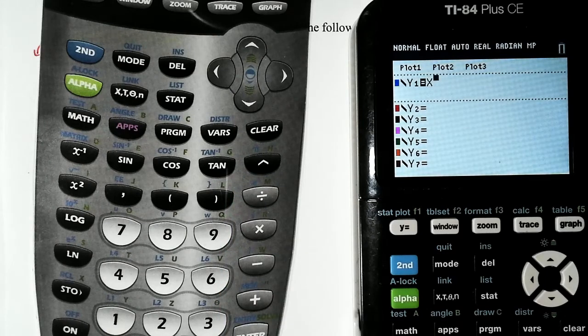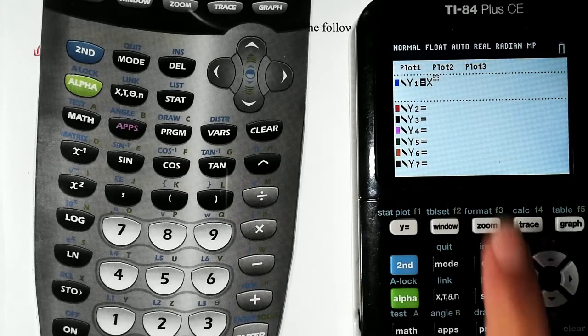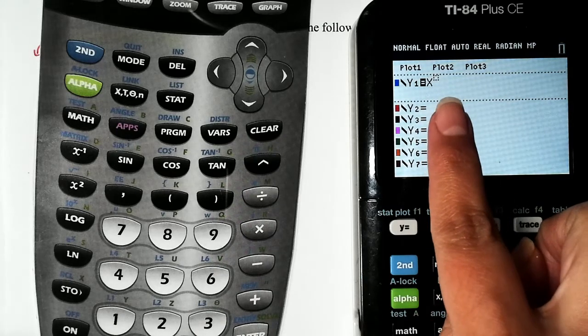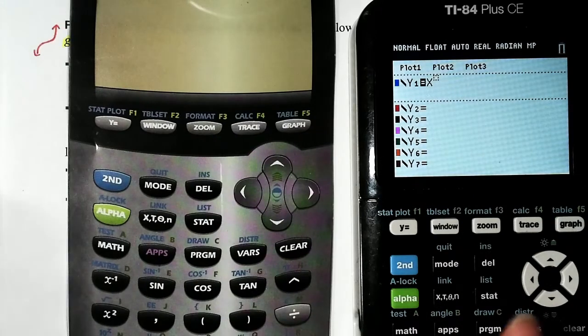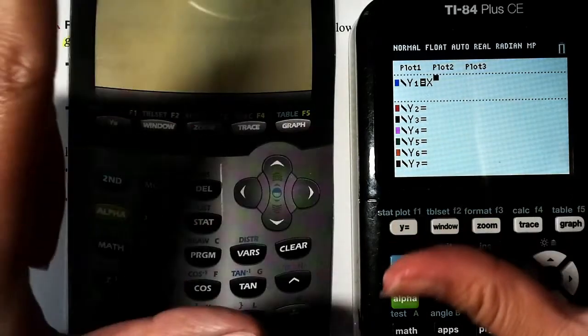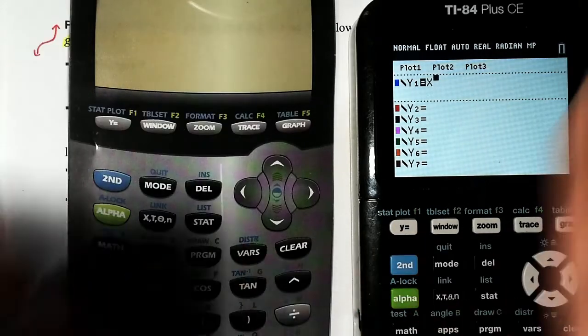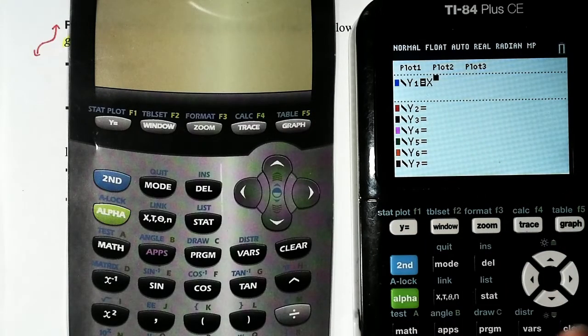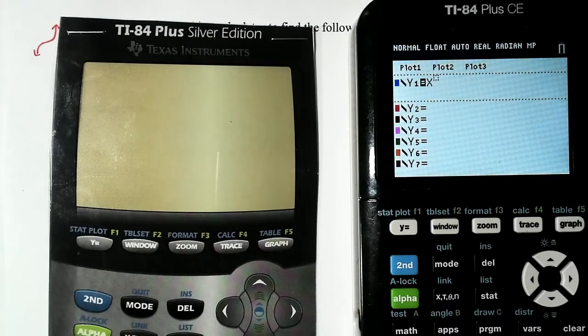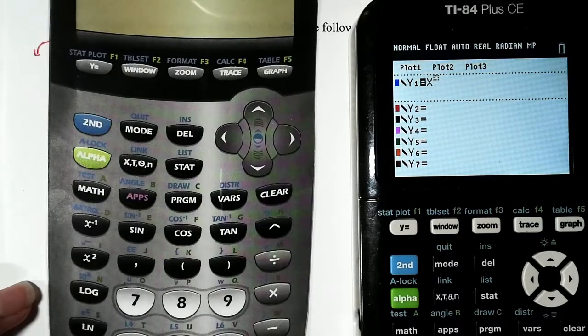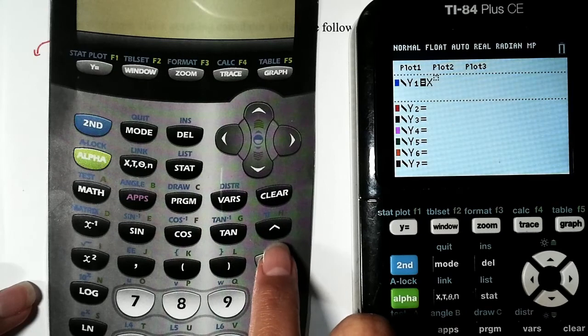So depending on your model, one of two things: for the calculator on the right, the cursor is in the superscript area. For the calculator on the left, it actually projects the exponent key.